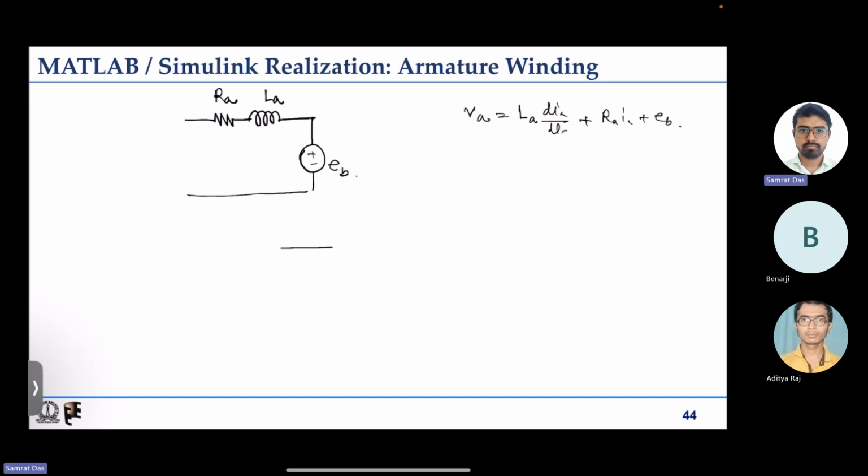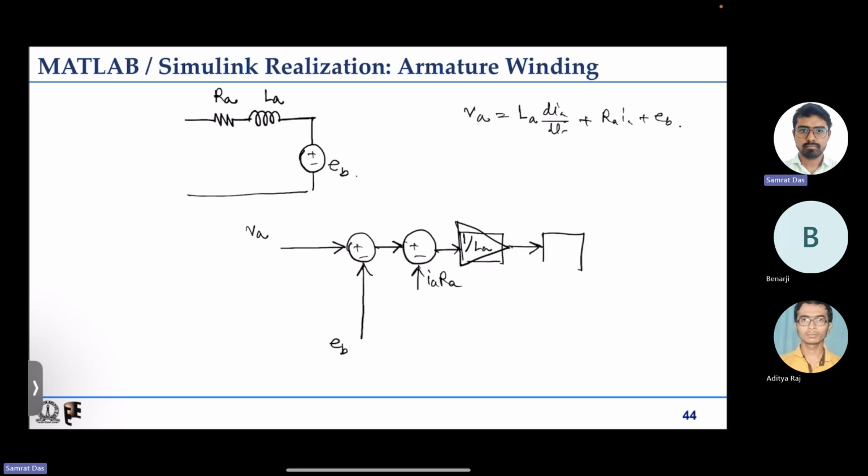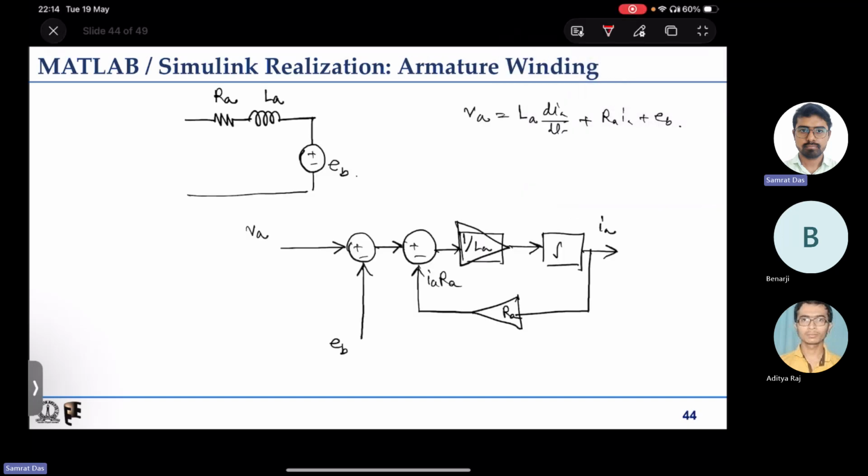For the model, we have Va as the input, we will have EB as another input, we subtract the IR drop, have a gain of 1 by La, integrate that, and we get Ia. That Ia has to be fed back, with a multiplier of Ra. This is how it will be, and this is the armature circuit model.